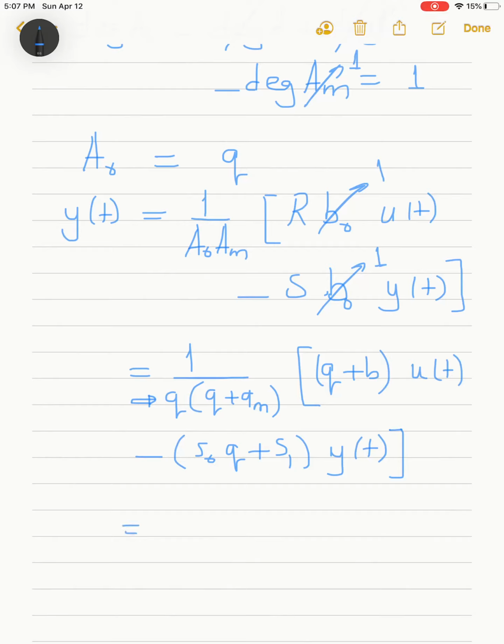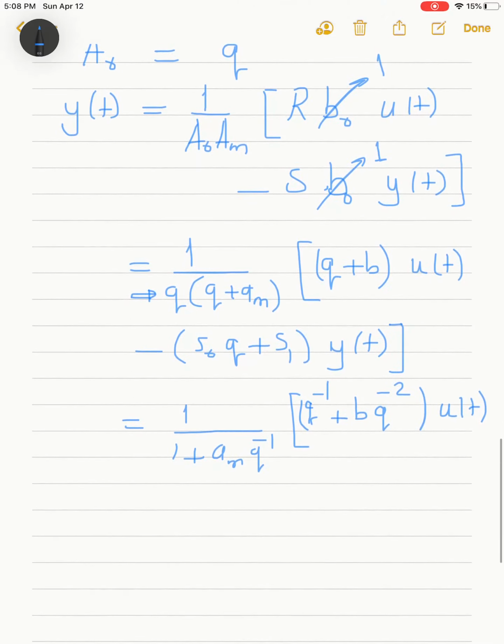So that will give me 1 over 1 plus am q to the minus 1, and here I will have q to the minus 1 plus b q to the minus 2, that multiplies u of t, minus s node q to the minus 1 plus s1 q to the minus 2, that multiplies y of t.